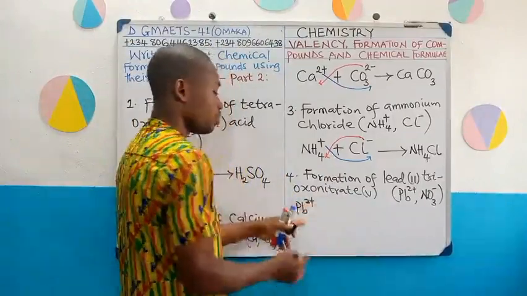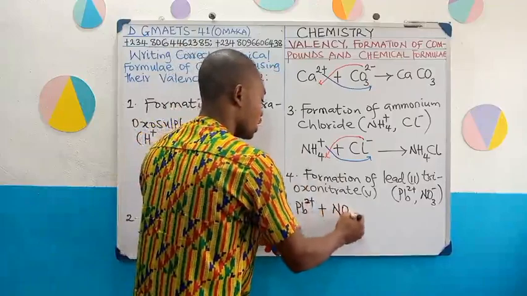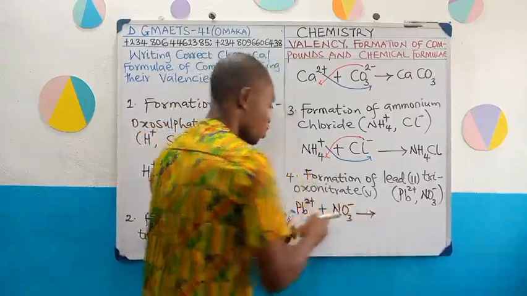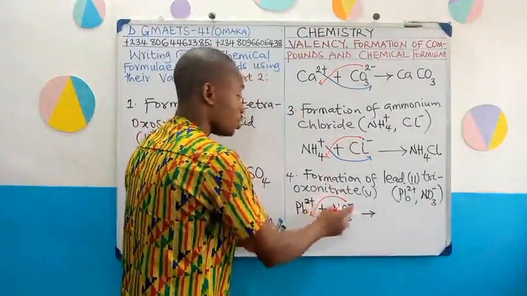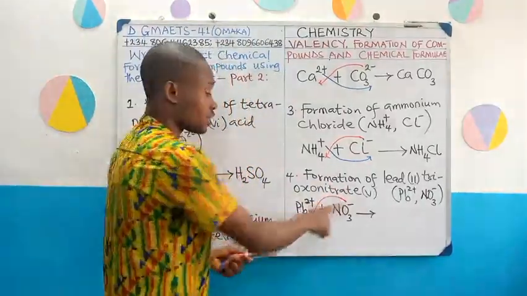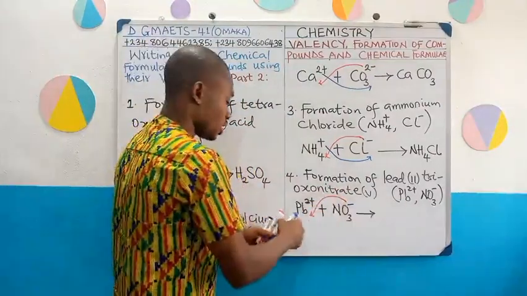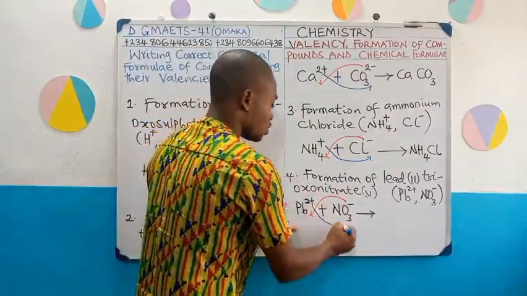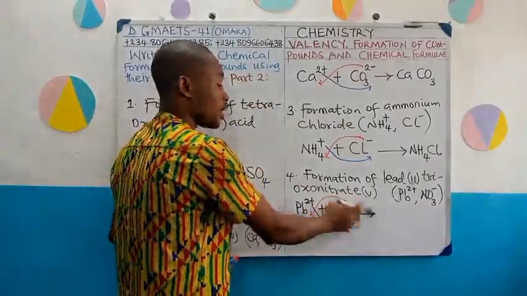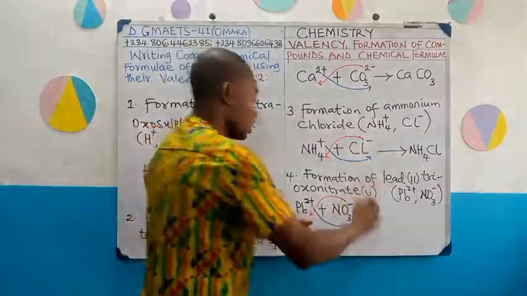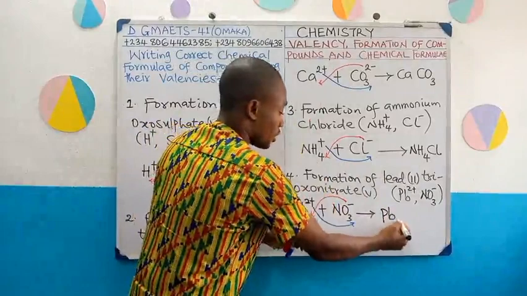So we go. Pb2+ is going to combine with NO3-. So let us see what happens when they interchange their valencies. So this -1, that 1 will be transferred to this. So the atomicity of lead here is going to be 1 in the product. And then lead will give its 2 to this NO3-. So the atomicity of NO3- will become 2 in the product. So look at this. Pb, atomicity is 1, we don't show it.